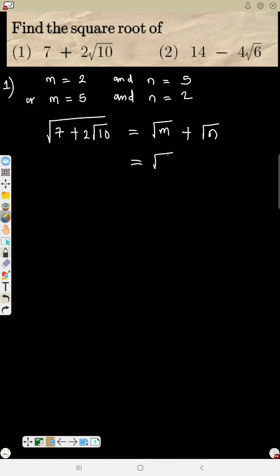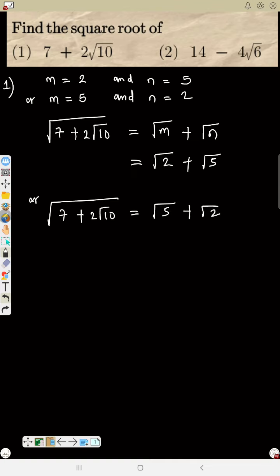This will be square root of 2 plus square root of 5, or we have again 7 plus 2 root 10 equals, if m is 5, n is 2. So if you look at both results here, you will see they are equal.